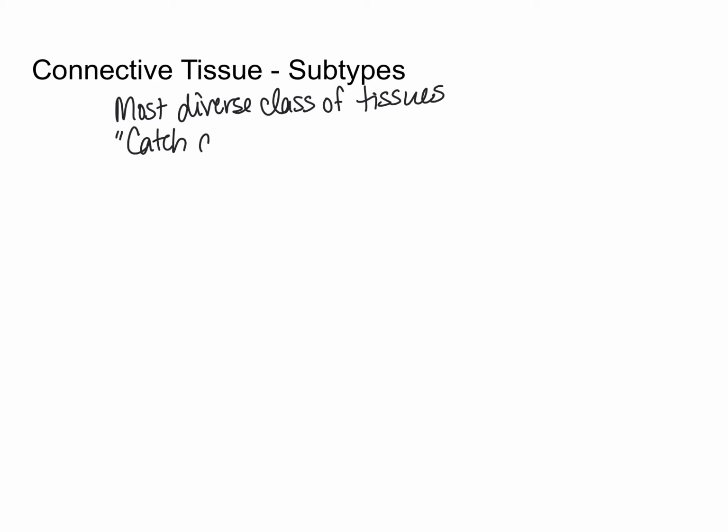So when it comes to tissues in the body, if it's not epithelial tissue, and remember that epithelial tissue is always named something like simple squamous or stratified squamous or simple cuboidal. So epithelial tissue has that naming convention, plus it says epithelial tissue. So it's simple squamous epithelium.